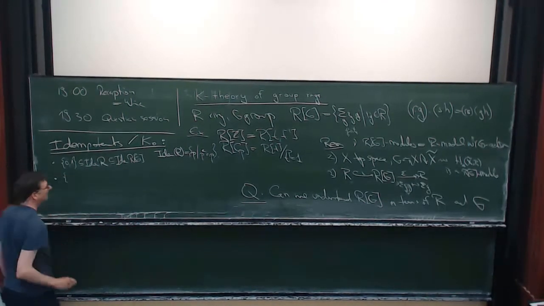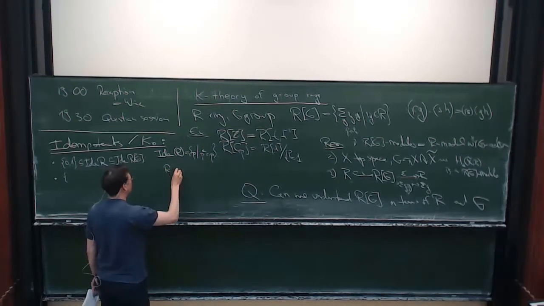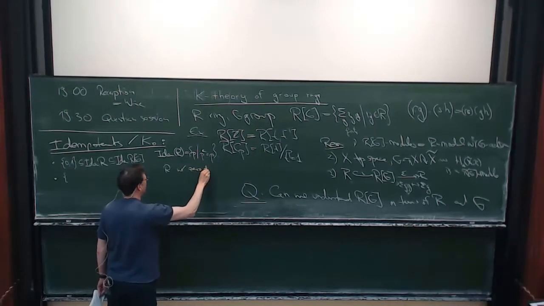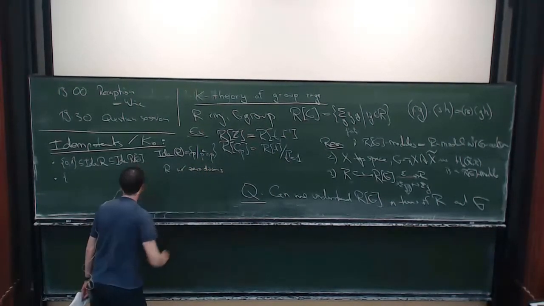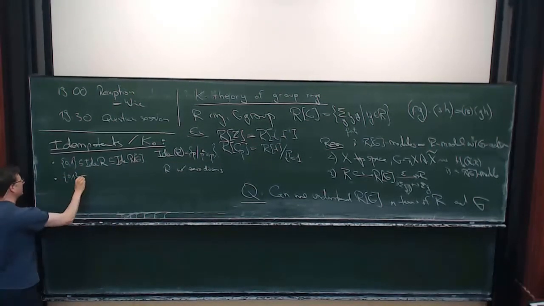If we take for R a ring without zero divisors, then of course, since idempotents other than 0 and 1 are zero divisors, we are only left with 0 and 1.